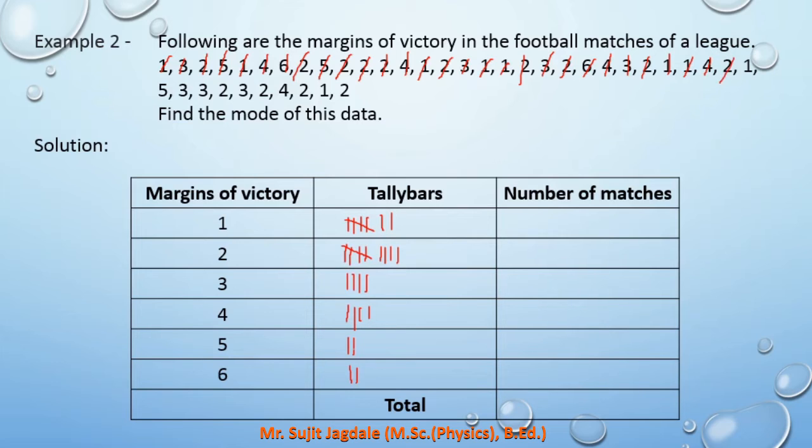Then next one is 1, then 5 in front of 5, then 3 in front of 3, and we add that cross line, so a set of 5 is completed. Again 3.